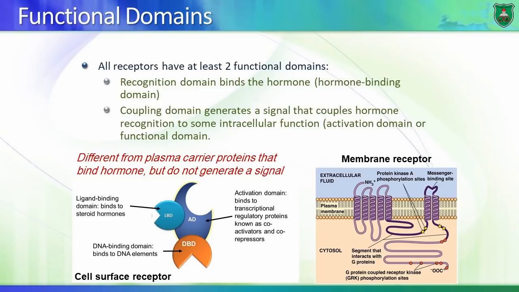For cell surface receptors, it is exposed to the outside of the cell. The hormone binds to the recognition domain, or the ligand binding domain. For the intracellular receptors, it is a domain that is independent of all of the other domains.